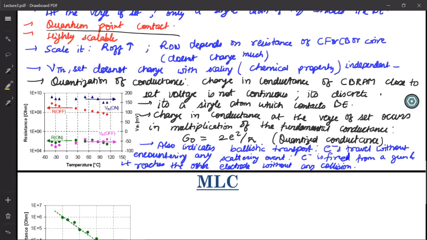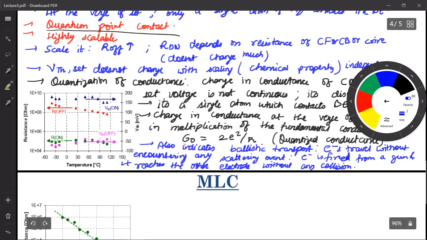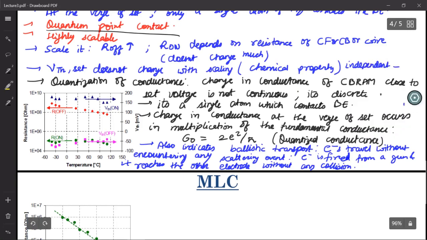And the plot on your left also shows the effect of temperature on your resistance values, RON, ROFF, VTH on, VTH off, and everything. If you see this, you'll find that it's remaining nearly flat with temperature. So it has a very small dependence on temperature. All the parameters have a very small dependence on temperature.